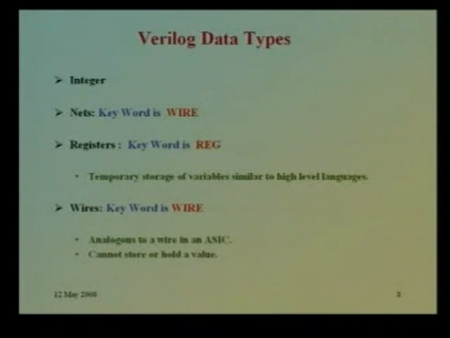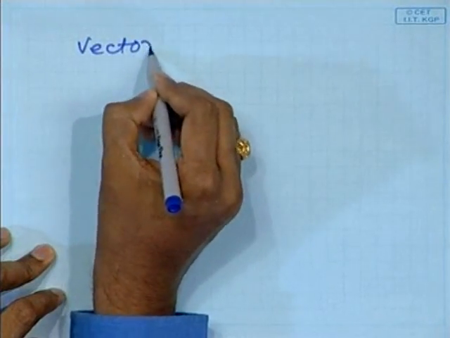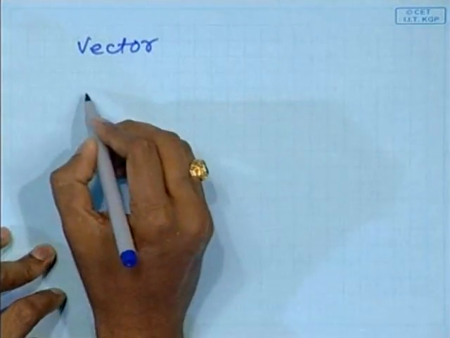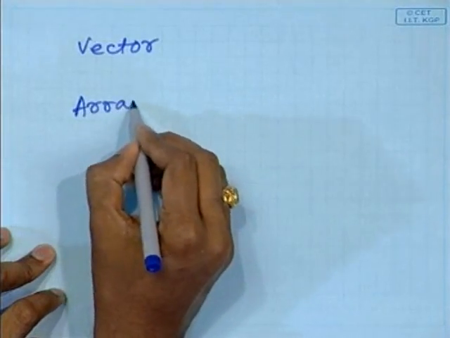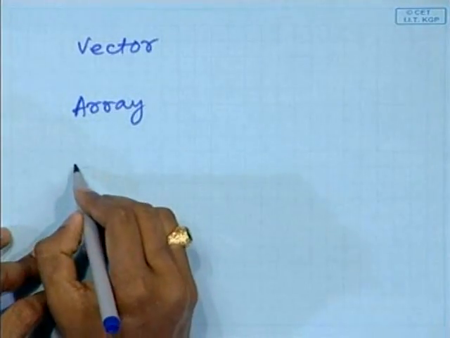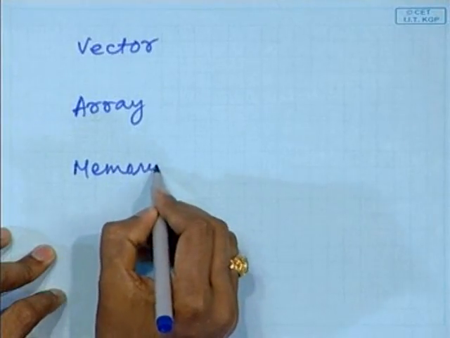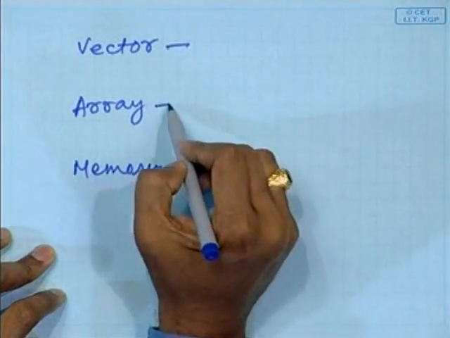Okay, in addition to this wire, among the data types we are having the vector, right? Array is also a data type in C, and we are having a memory. Okay, what is the vector over here?